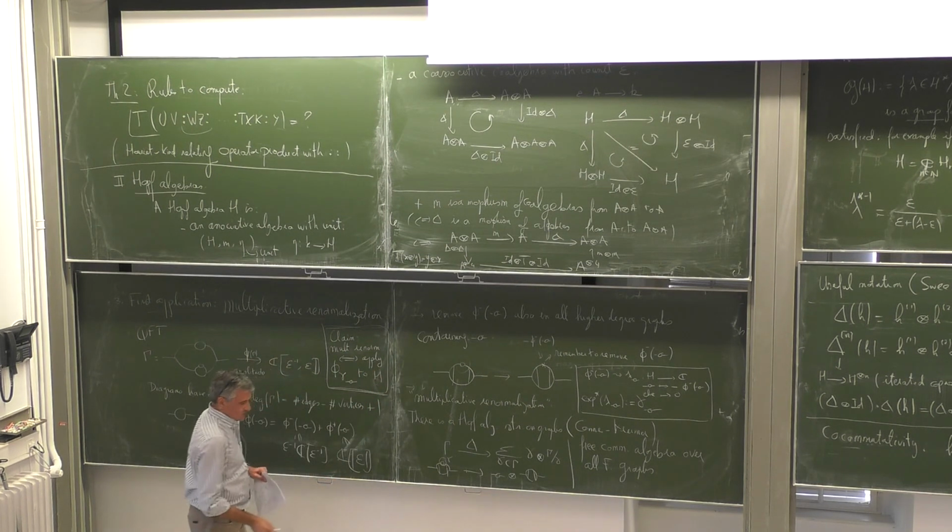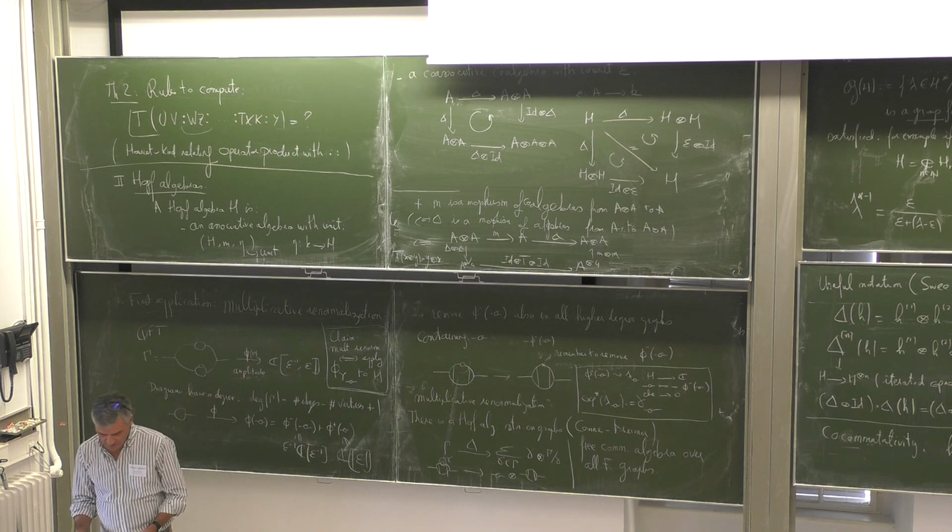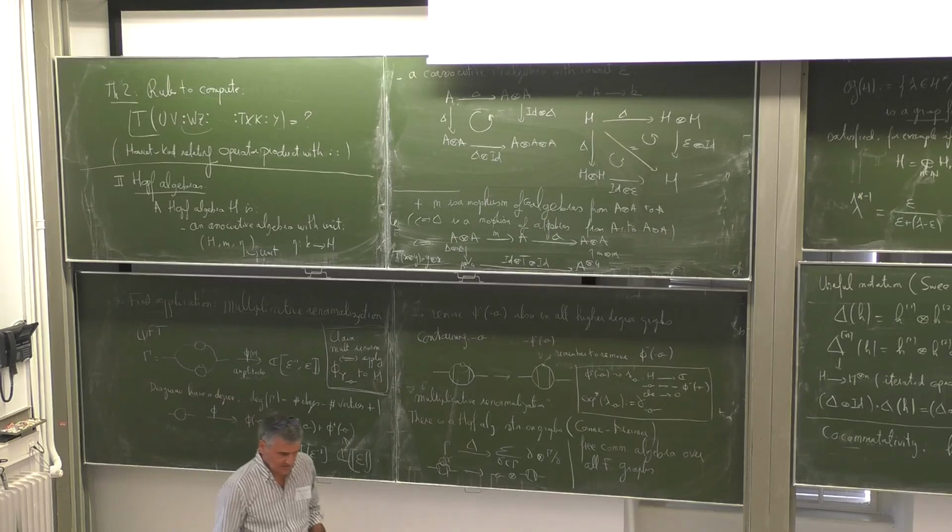So this is the first example where you can use Wick calculus, because I will show you during the next lecture that classical Wick calculus is really encoded by the same process.